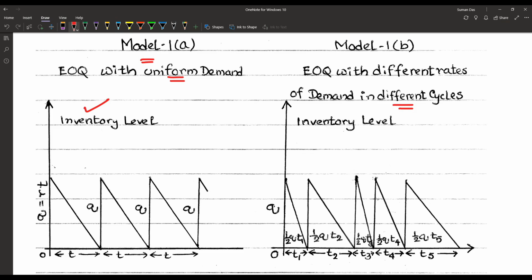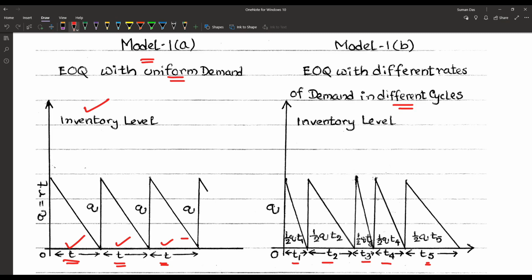Here we may check that each and every time the demand rate is uniform because the cycle is the same. But in the case of model 1B, there are different types of cycles, so the demand is not uniform. That is the particular difference between model 1A and model 1B.